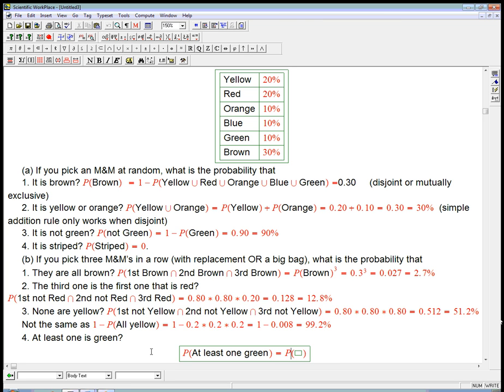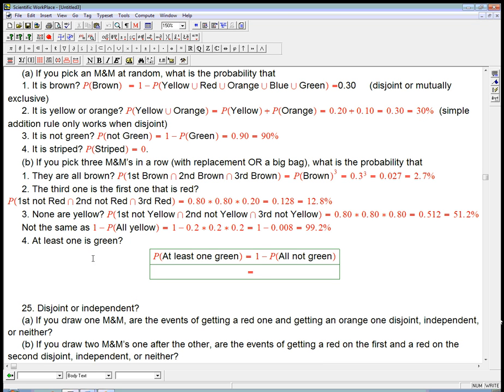Okay, so that's 1 minus the probability of all not green. So think about that for a second. Getting at least one green M&M is exactly the negation of the statement that I didn't get any greens. Okay, and I know how to do that. That's exactly the kind of statement I had up here, the none are yellow.